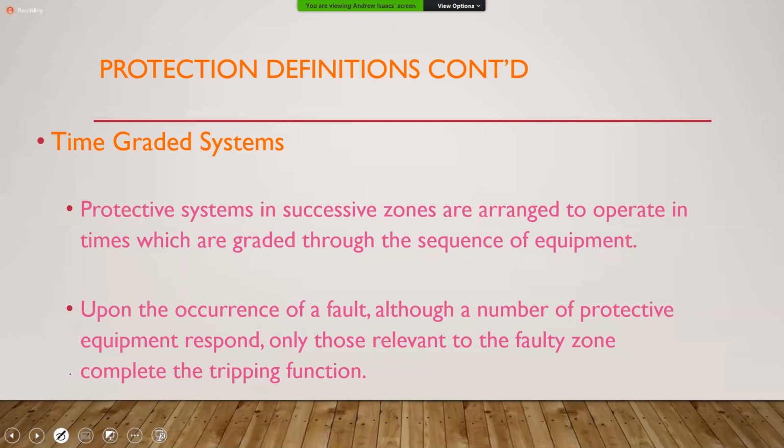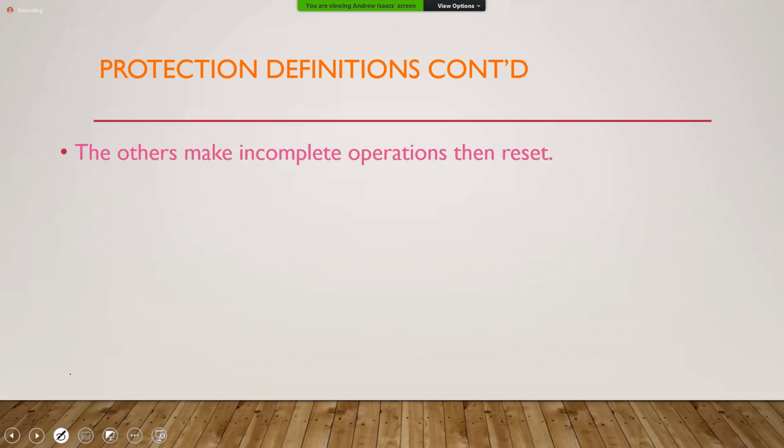Now, this is another thing that we need to have clear in our minds. Although I had that fault on the generator, all the relays, not the breakers, all the relays in the power system would detect the abnormality. Now, if the generator breaker operates, then the other relays will make what we call incomplete operations and reset.